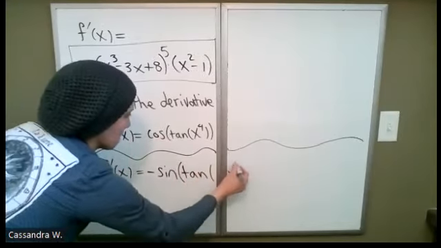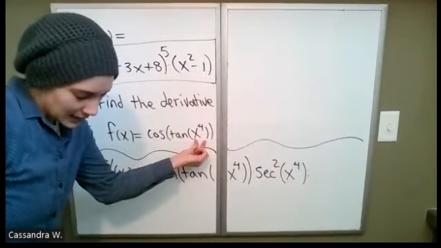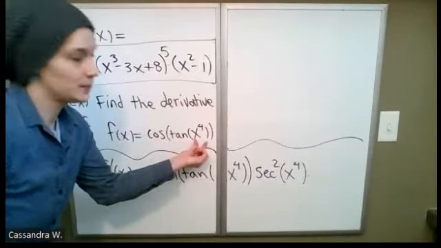The derivative of tangent of stuff is secant squared of that stuff. So secant squared of x to the fourth. Okay, that's that part. Inside, we have another function, x to the fourth, and its derivative is 4x cubed.